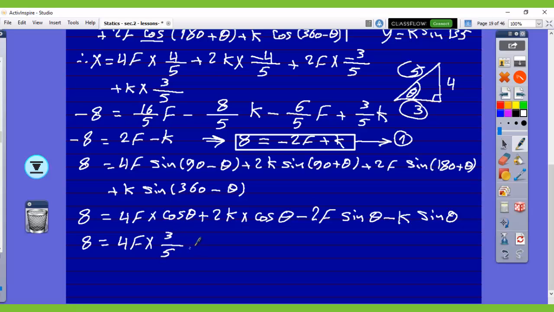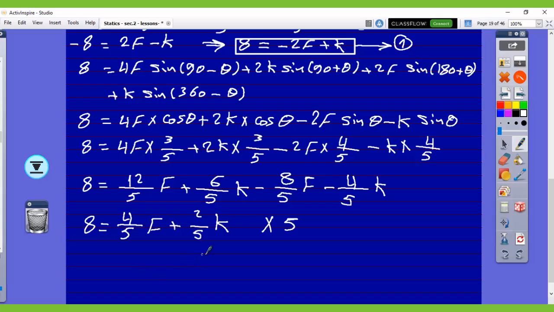We write 3 over 5 plus 2k multiply cosine theta again equals 3 over 5, minus 2f sine theta, it is 4 over 5, minus k multiply 4 over 5. And now we simplify all of this.